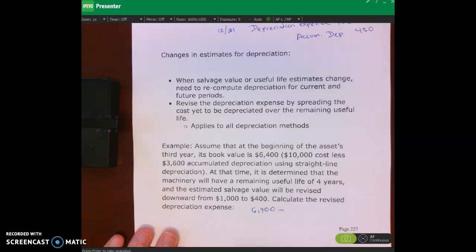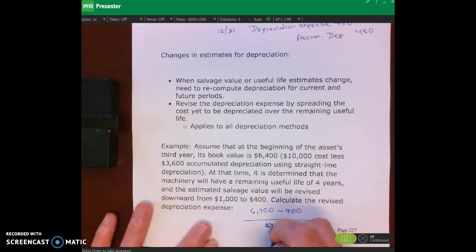Minus my new salvage value divided by my revised useful life. Because remember, if this is at the beginning of the third year, the remaining useful life is 3 years. But we're saying our remaining useful life is 4. Okay, so we're extending it 1 more year. So divided by 4.